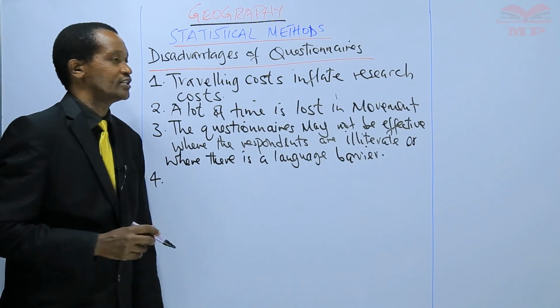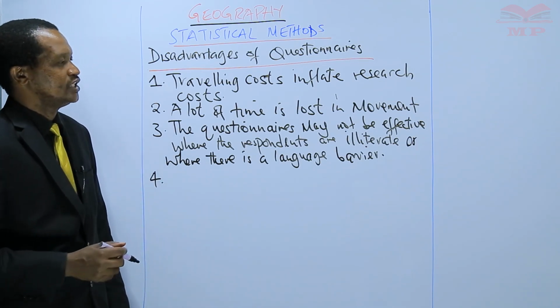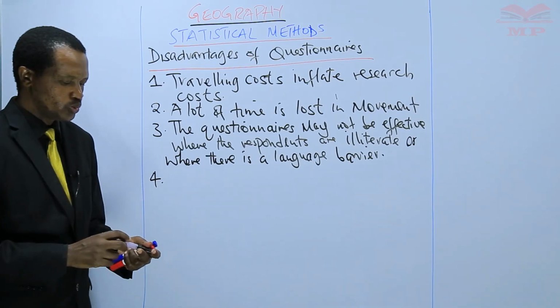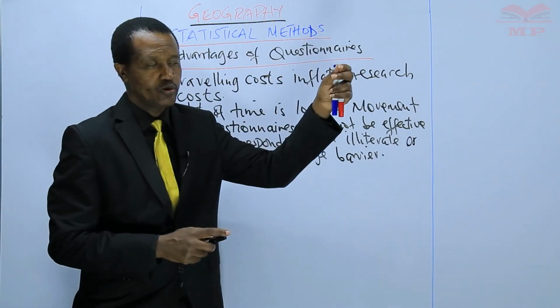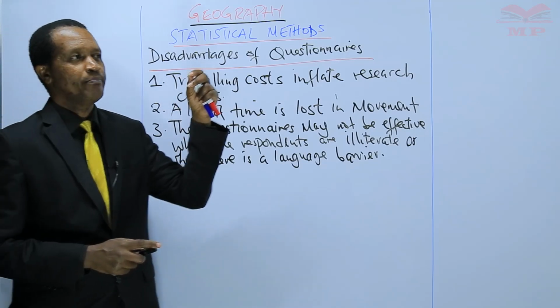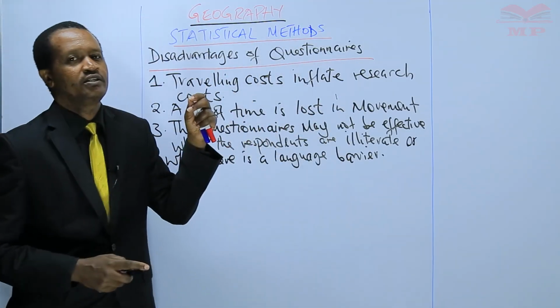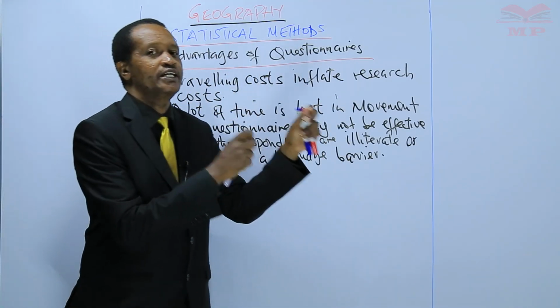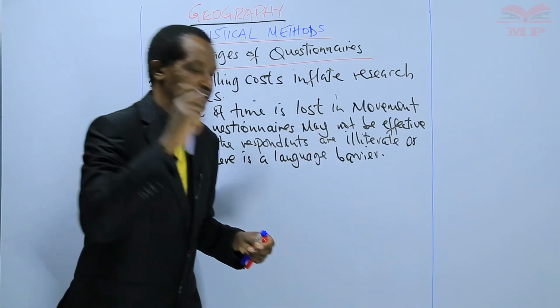Number 4. What is the next disadvantage? The next disadvantage is in relation to the posting or mailing of the questionnaires. Mailed questionnaires usually bring back insincere and inaccurate responses.